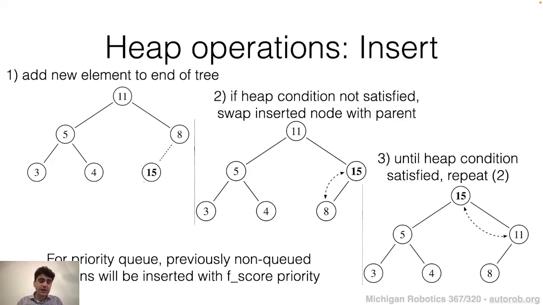In this particular case, once again, node 15 is greater than its parent, 11. So the heap condition for the overall tree is not met. So we're going to swap 15 with 11, which will then result in the tree shown in the bottom right-hand side of this slide. And at this point now, the heap condition is satisfied. So if you check every node in this tree with its children, you'll see that every node is greater than all of its children. And so we successfully inserted the element.